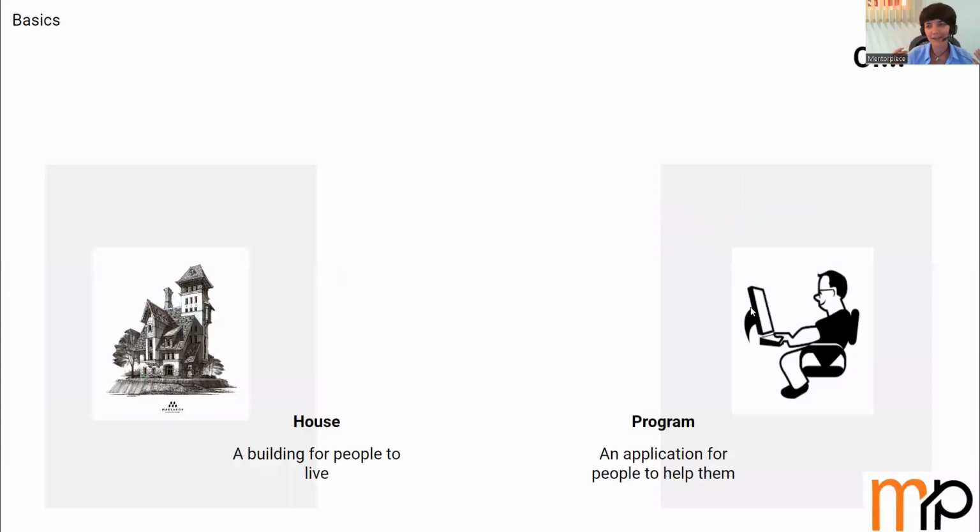And if we stand on the point of view of users, we will say that the house is a building for people to live in, and the program is an application for people to help them. Okay, so one of the points of view that we stand on as testers is the user's point of view.